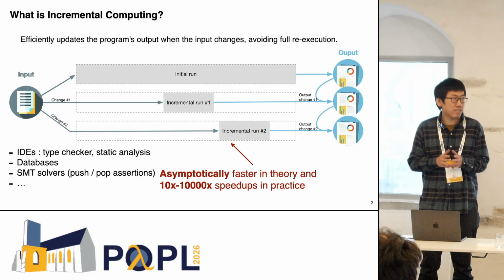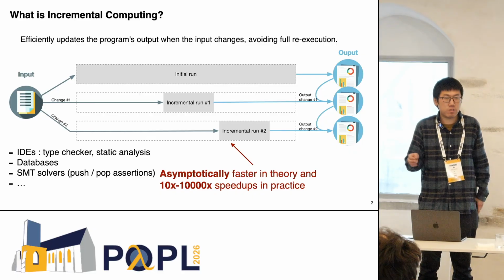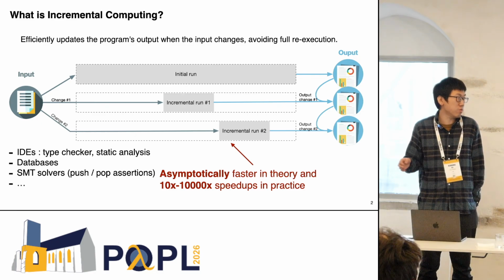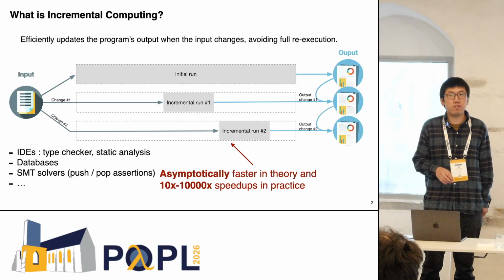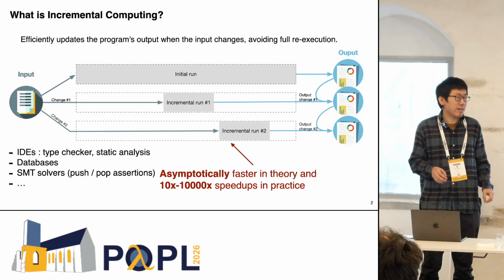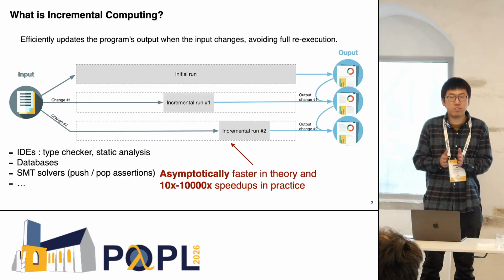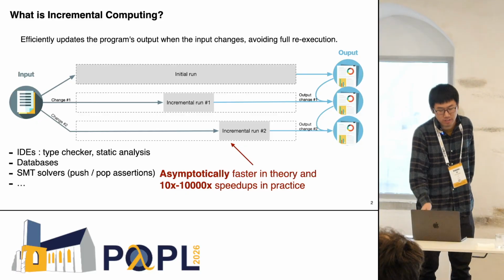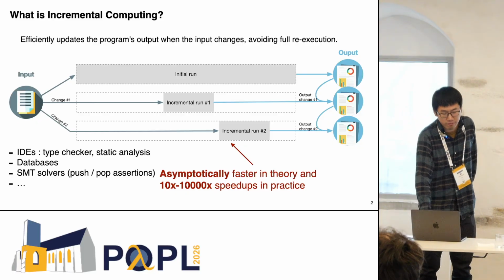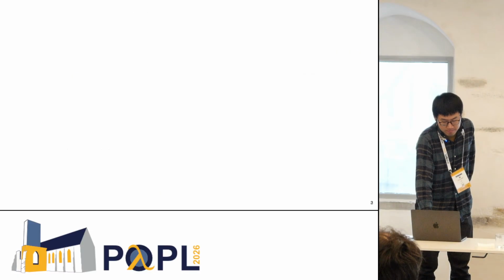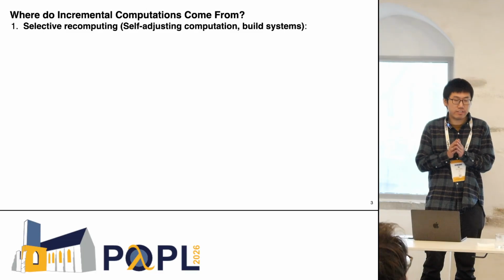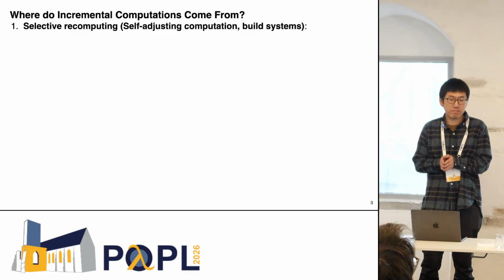For example, IDEs sometimes support incremental type checking or incremental program analysis tools, and databases support incremental queries. Even for SMT solvers, we can configure them to run incrementally, to push or pop assertions instead of rerunning the full check.